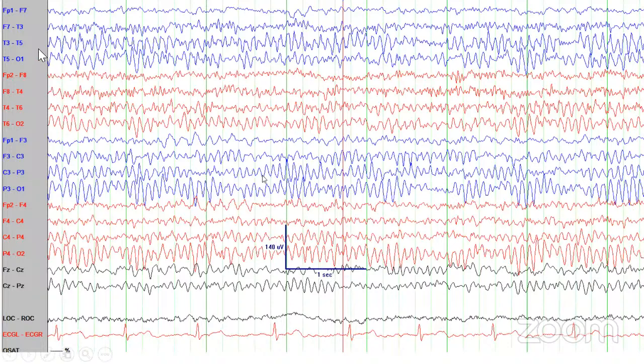Here, as we've already seen, we have bilateral electrodes mentioned. For ease, the blue ones are left-sided, which also have the odd number annotations, and the red ones are right-sided, which have the even number annotations. All these blocks of electrodes are placed anteroposteriorly.